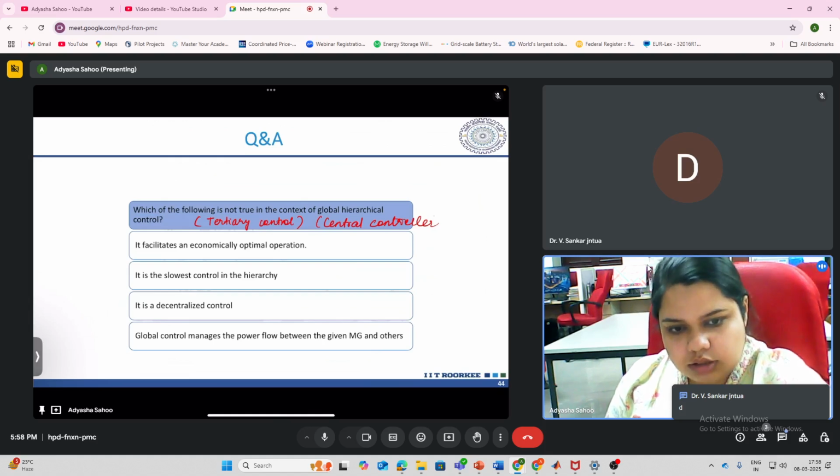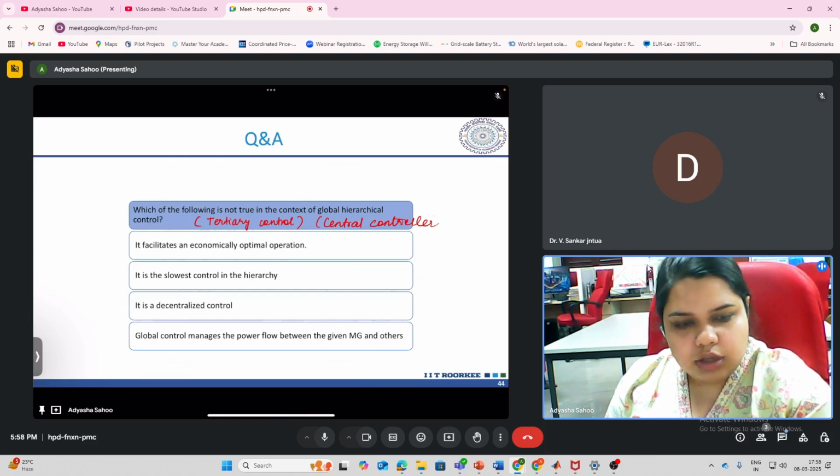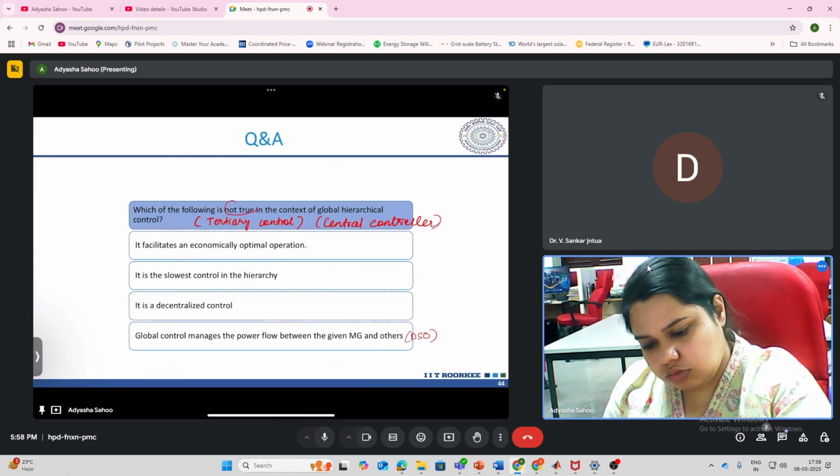It manages the power flow between microgrids and others. It communicates with microgrids and DSO. This is true. It is asking which is not true.